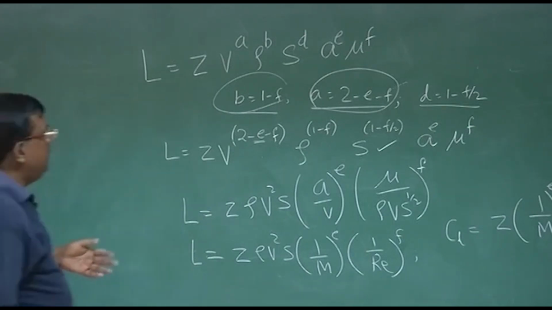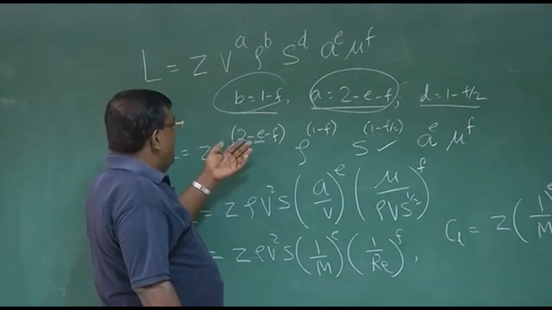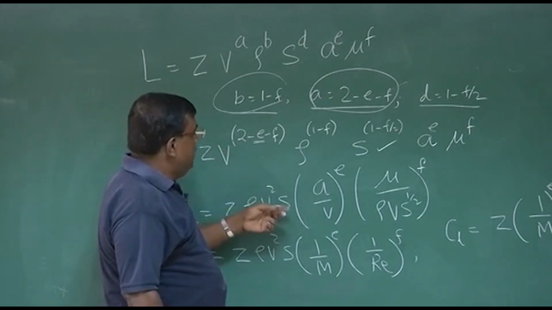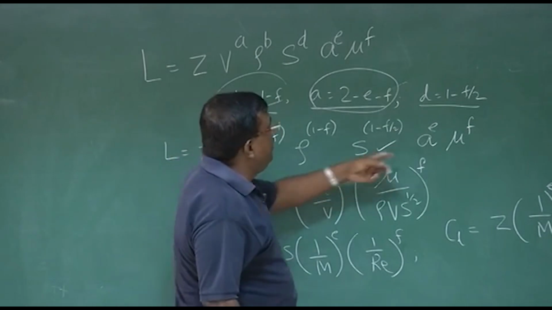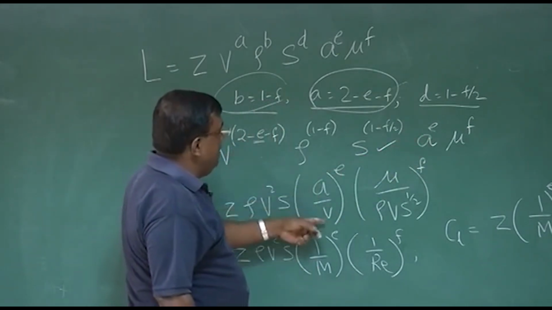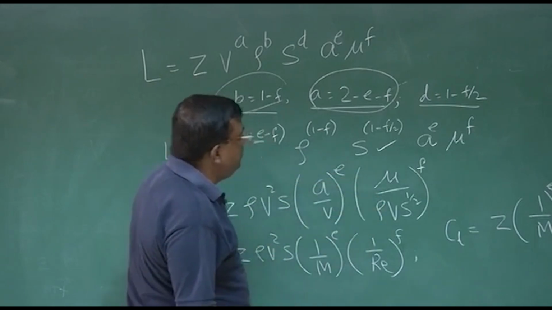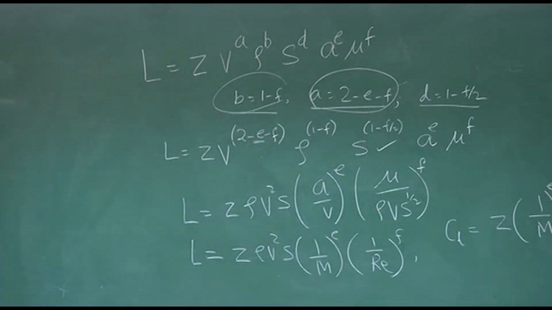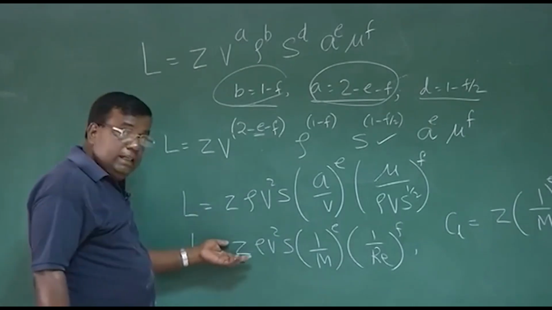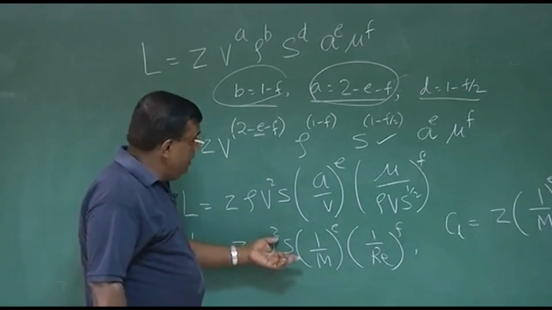If you need more help, you can simply see, as I explained here, V square has come from here, A to the power E was already here, and V to the power minus E was here, so A by V to the power E. Similarly, you get mu by rho V root S to the power F. Now this, I now write as Z rho V square.